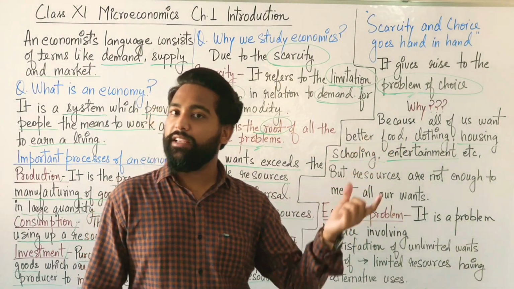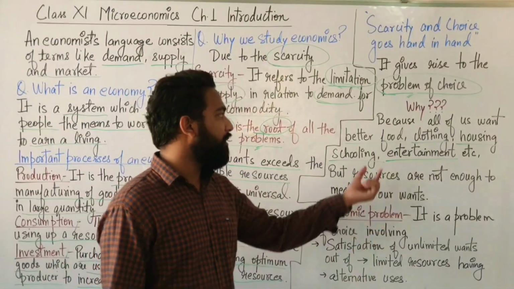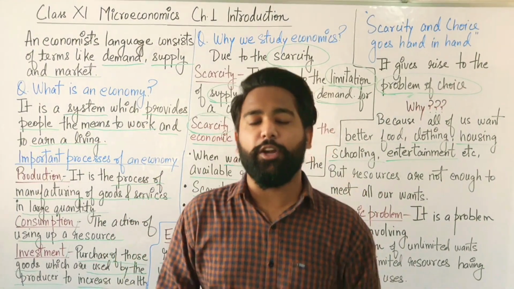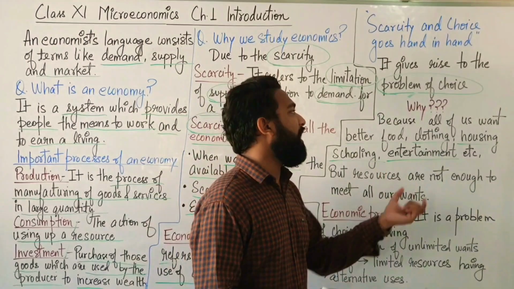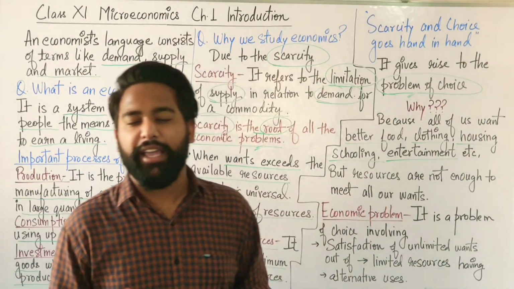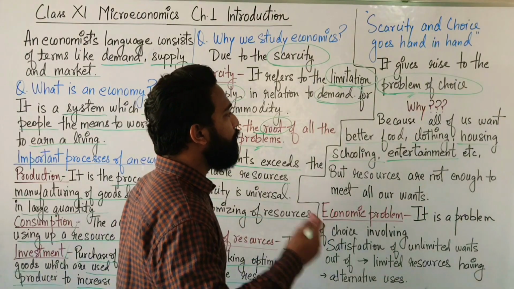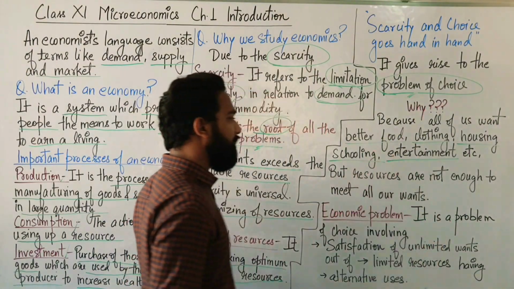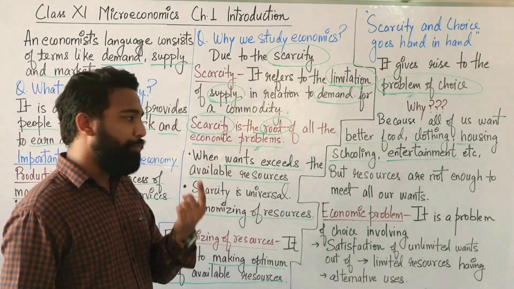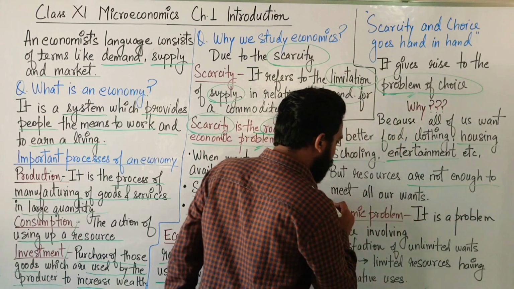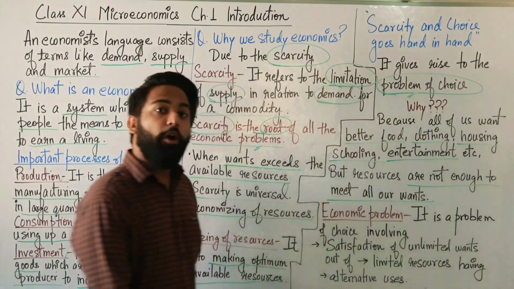What will you do? I guess everyone will agree that we will have food with that 100 rupees, because we have only 100 rupees, and with that 100 rupees we have to choose what things I can buy. So because all of us want better food, clothing, housing, schooling, entertainment, etc., and that 100 rupees, that resource, is not enough to meet all our wants.